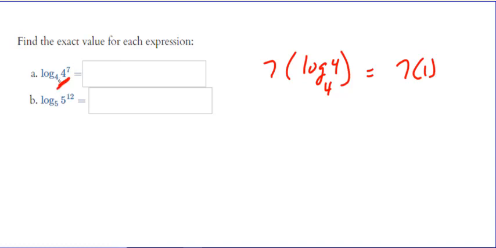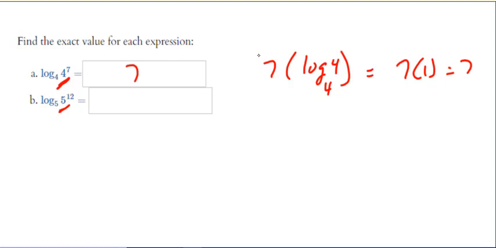And then the last one is find the exact value. We can do a couple of things. Because this is an exponent, we can say 7 times the log base 4 of 4, and we know that that's really 7 times 1 if we remember the properties. Because the base and the argument are the same, it's just the power.